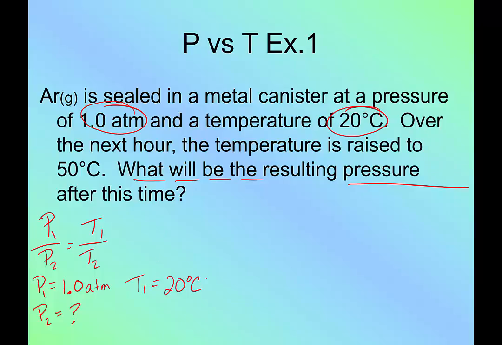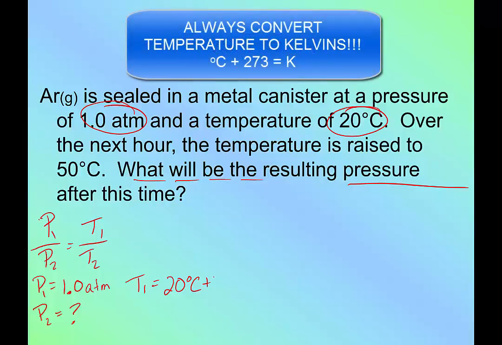But as we saw previously, we never leave it as Celsius. We always put it as Kelvins. Just as a reminder, the way we get to Kelvins is we add 273. Why? Because it's a constant. Again, in case you didn't watch the volume versus temperature, the Kelvin is an absolute scale, meaning it has no negative values.